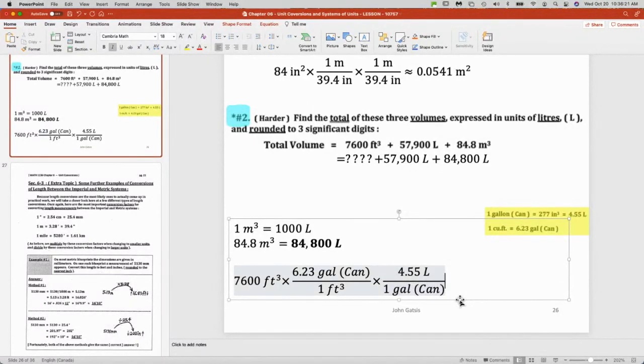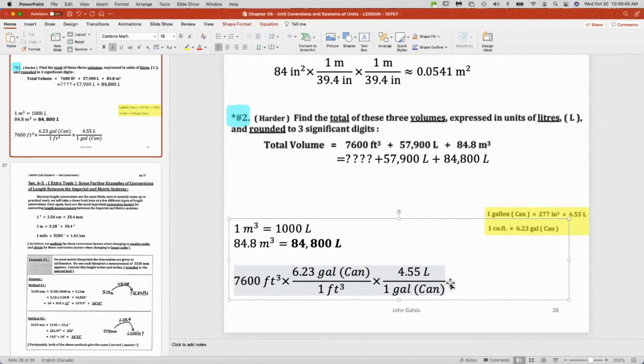Multiply that all out. 7,600 times 6.23 times 4.55 is a lot. I got 215,000 something.